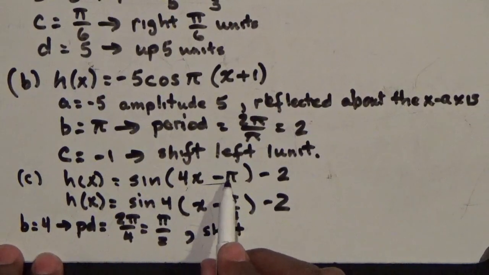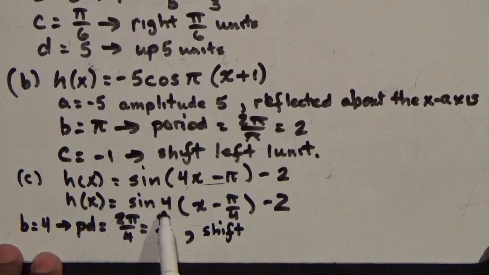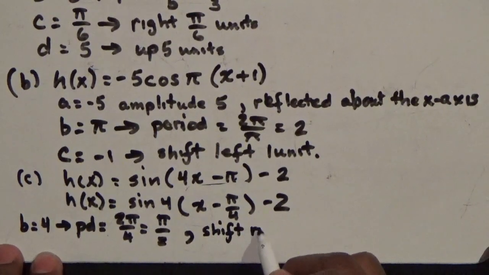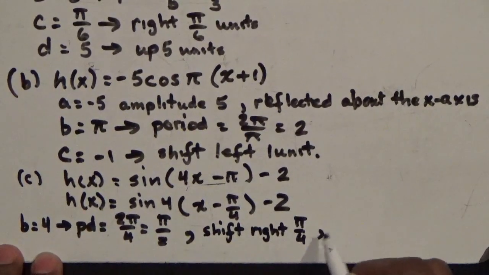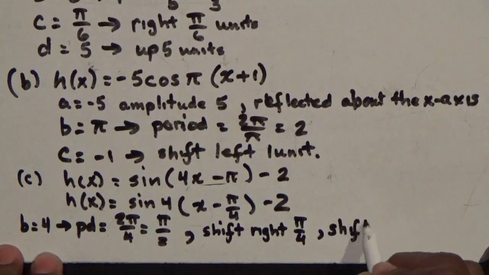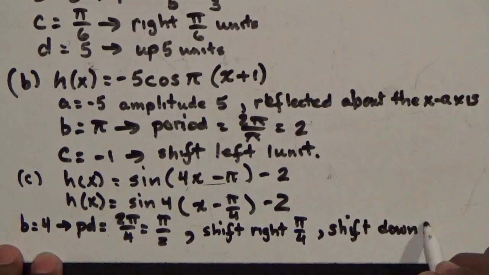They might say I'm going to shift to the right pi if they look at the original equation. But if you pull the B value out, you'll see that you're shifting to the right pi over 4, and you are shifting down 2.